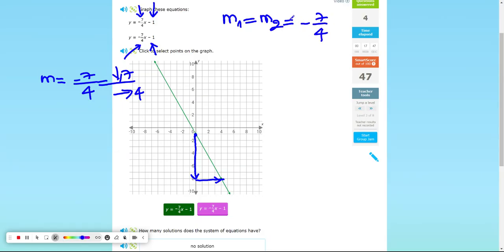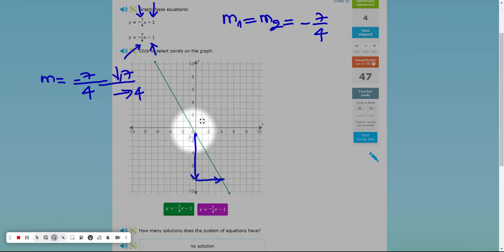Now you know the two lines are on top of each other, but you still need to graph it. So I click on the second line and graph it. Here we go. I also start at b equal negative 1, go down 7 and go to the right side 4. So you can see the two lines overlap. They're on top of each other.